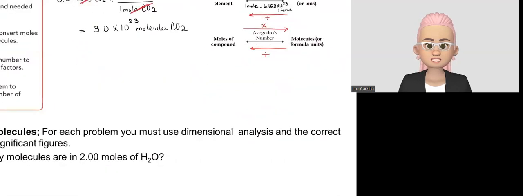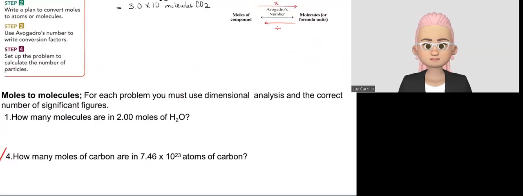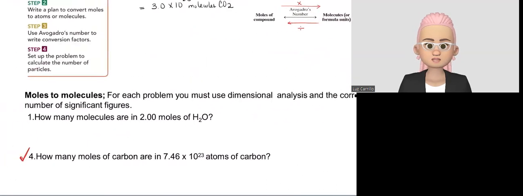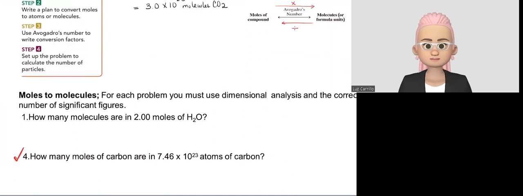So let me set up the problem. I'm going to write the measurement given, 7.46 times 10 to the 23rd atoms of carbon.